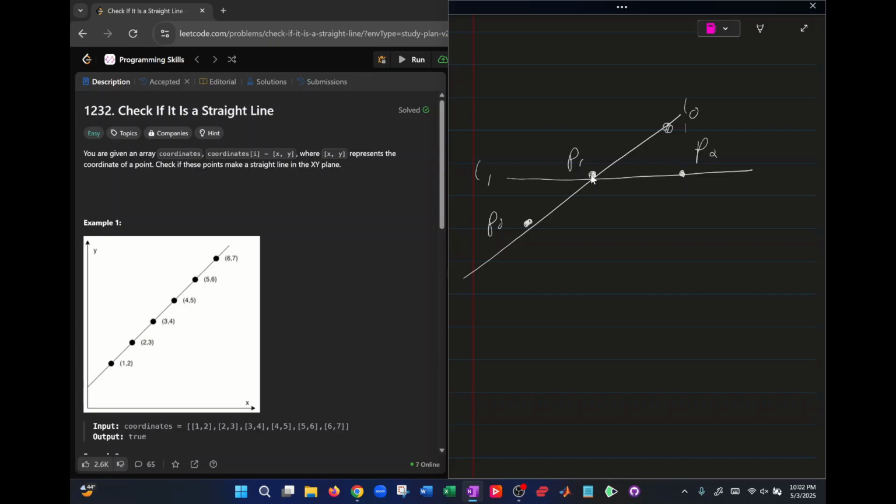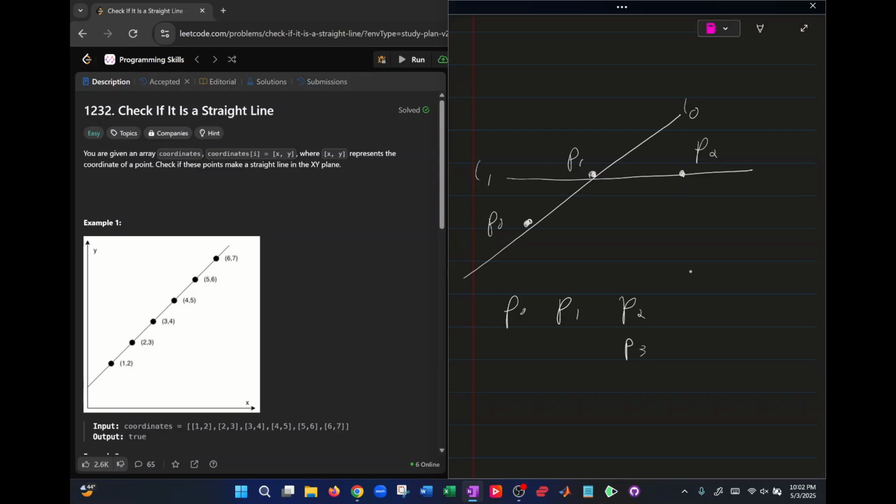And then you can imagine basically what we could do is loop through this list. We can always use P0 and P1 and use the slope there, but then we do this test where we compare the slope from P0 to P1 to the slope between P1 and P2.